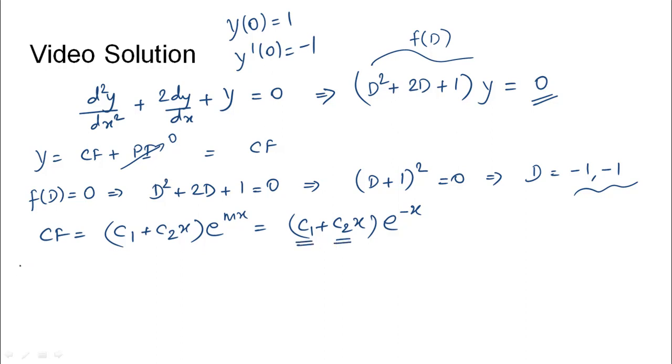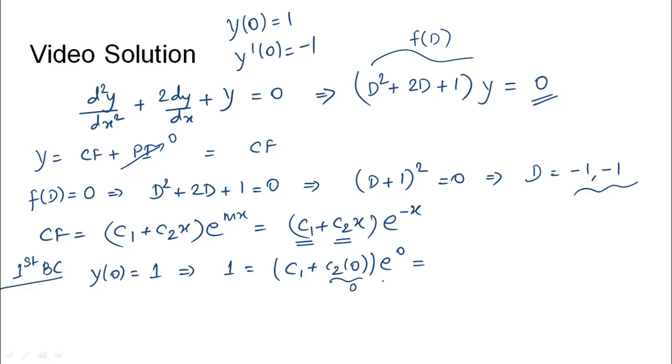Substituting the first boundary condition y(0) equals 1, we substitute x as 0, so c2 into 0 is 0 and e to the power 0 is 1. So this becomes c1 equals 1.